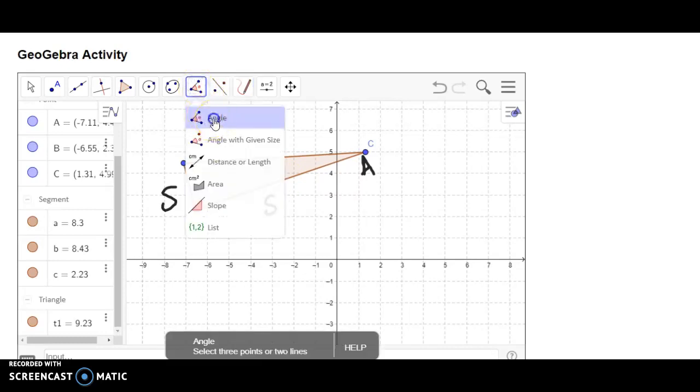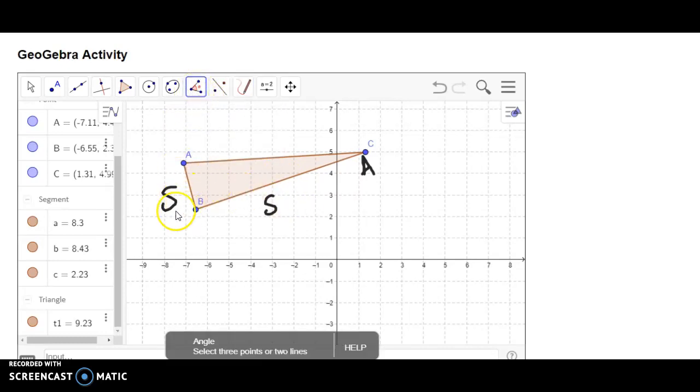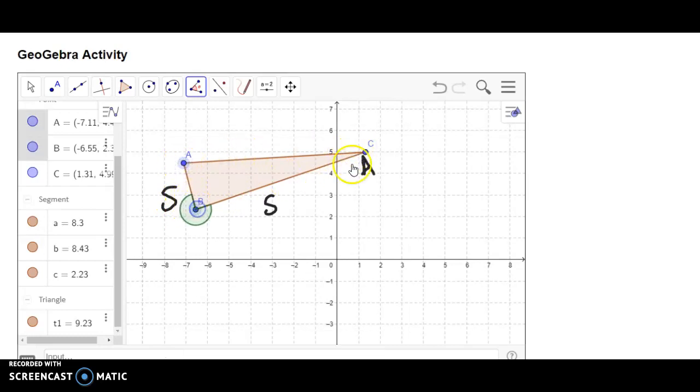So let's go ahead and measure our angle right here. So we're going to do A, B, oops. Let's go ahead and do it this way. There we go. Okay, and let's move this. So 85.74. This angle needs to stay the same the whole time.